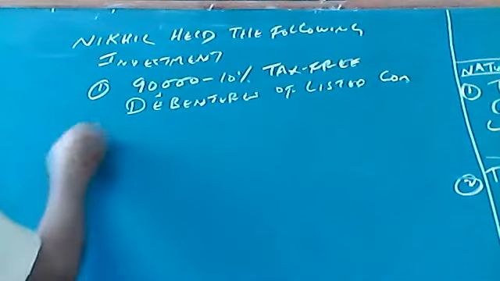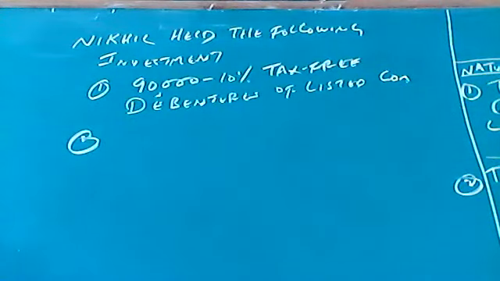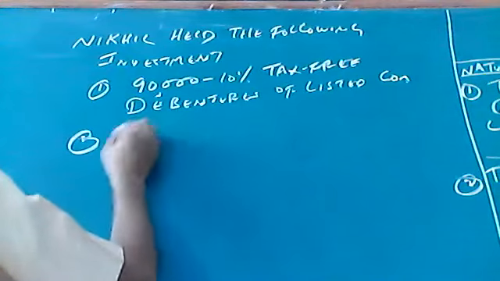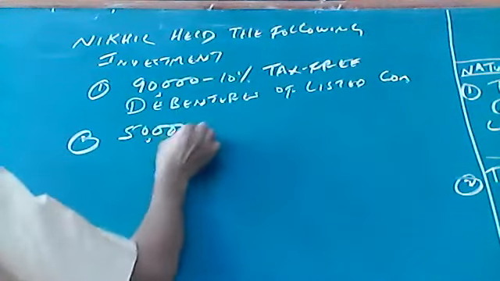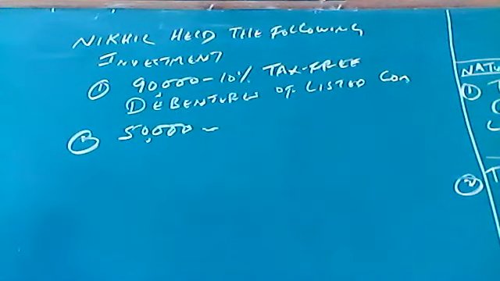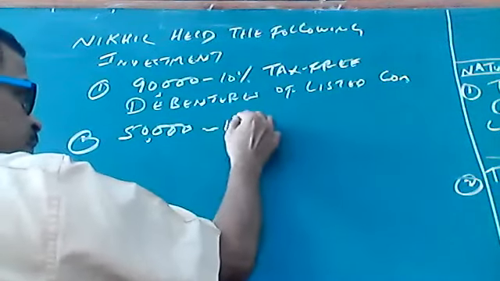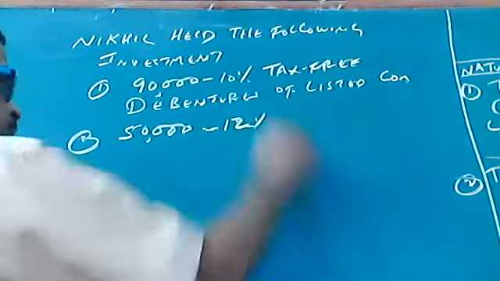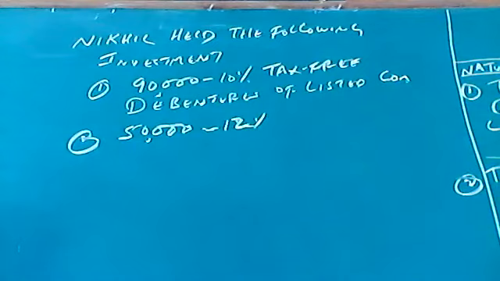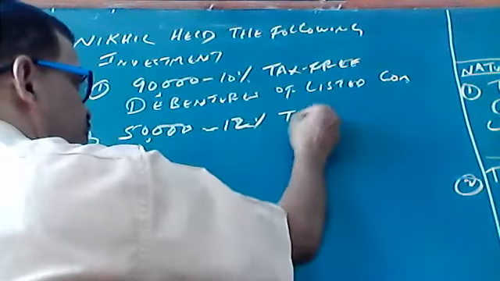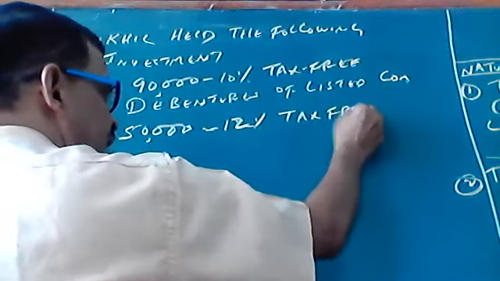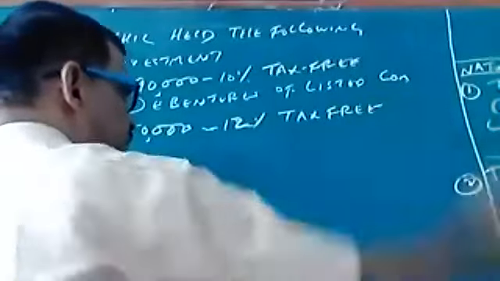Second one, 50,000 is the face value, 12%, Punjab government loan. Nothing is given as tax-free or less tax, so less tax only.